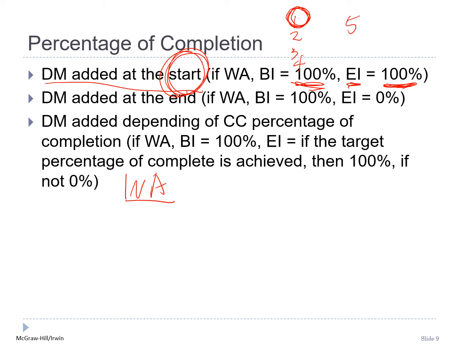Yung ending inventory hindi siya 100% complete as to conversion costs. Kasi di ba remember, you have three types of costs. We have direct materials, direct labor, and overhead.